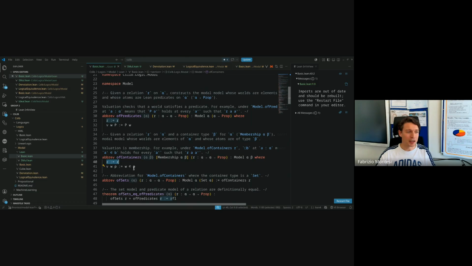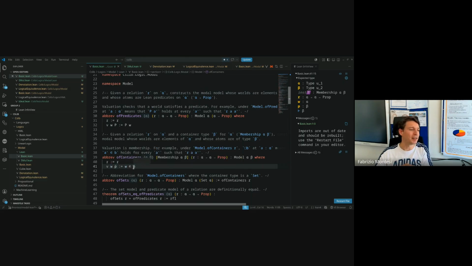So now I give you a model where the relation is the relation, the worlds are the elements of type alpha, and the atomic propositions are collections of these elements. The valuation is just that the current world is in the container you have put in the atomic proposition.